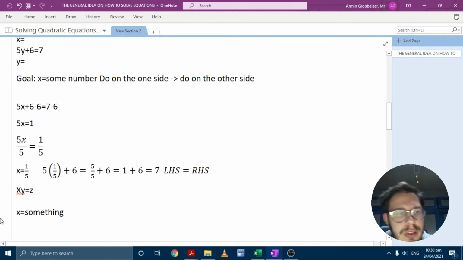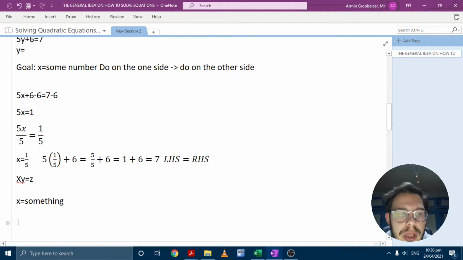So now we have to get the x alone. So to get the x alone on the left-hand side, we have to divide by y, because then the y's can cancel out. But then, if we divide by y on the left-hand side, we have to divide by y on the right-hand side.